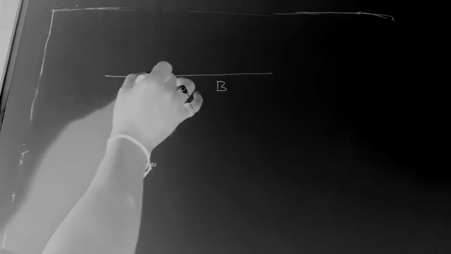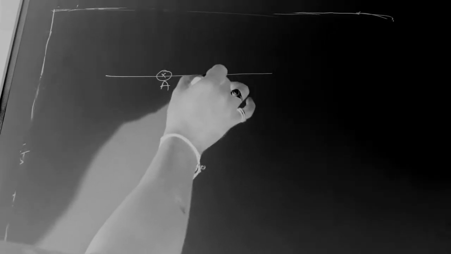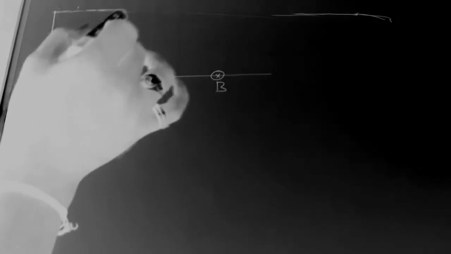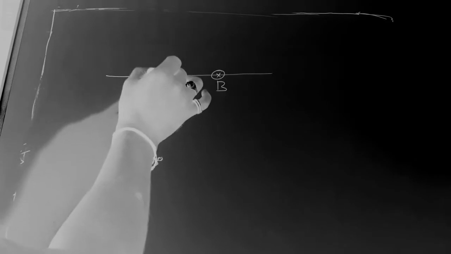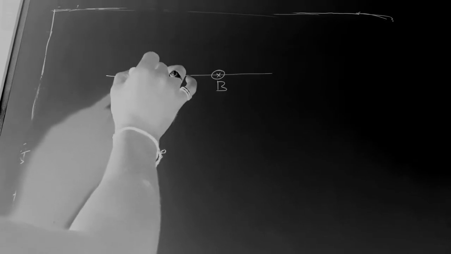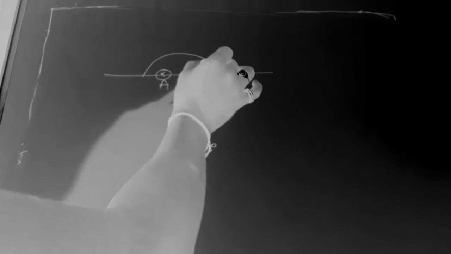Here they are making a spiral with centers A and B. This is center A, this is center B. First they draw from center A with a radius of 0.5, keeping the needle here, drawing one arc like that.